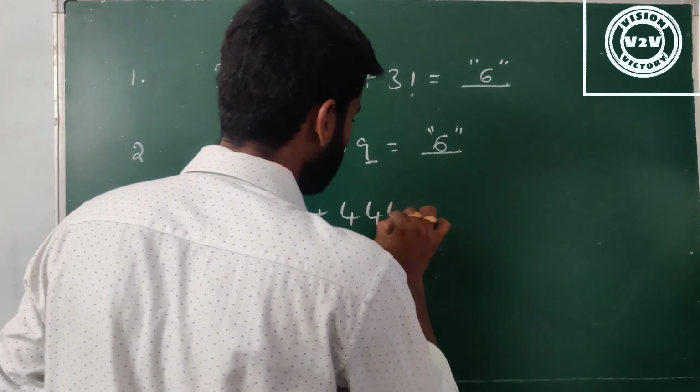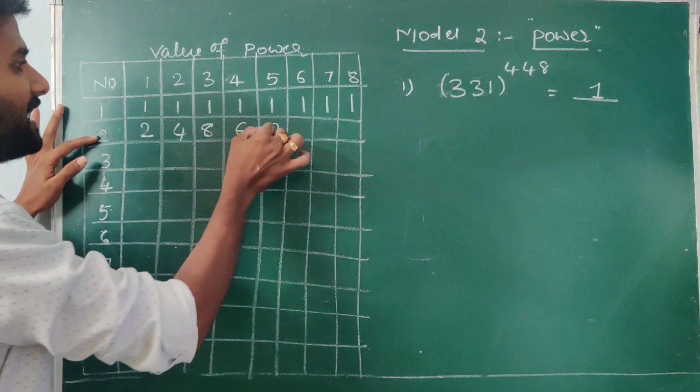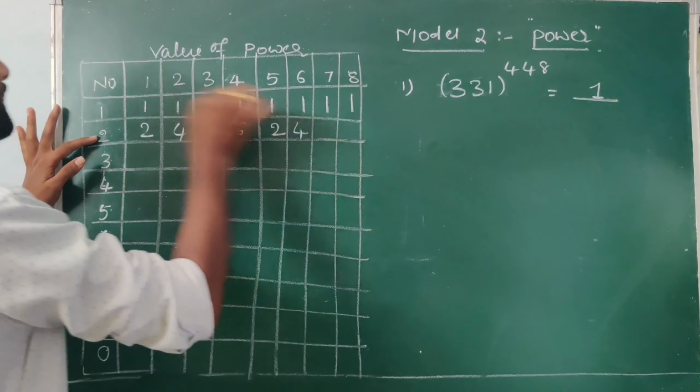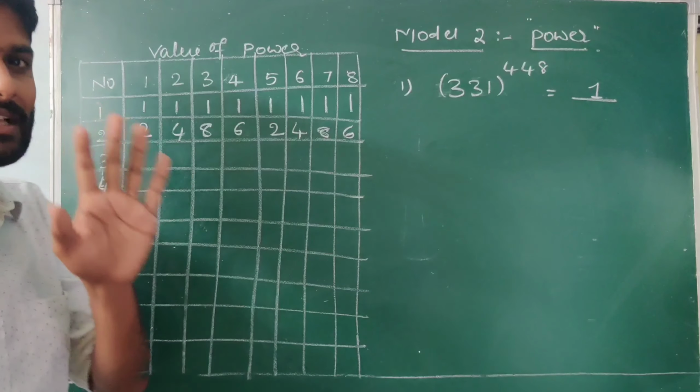2 power 1 is equal to 2, 2 square is equal to 4, 2 cube is equal to 8, and 2 power 4 is equal to 16. If it is difficult, for example 2 power 12, then multiply these numbers. 2 2s are 4, 2 4s are 8, 2 8s are 16, again 2 6s are 12. Just identify the units place.